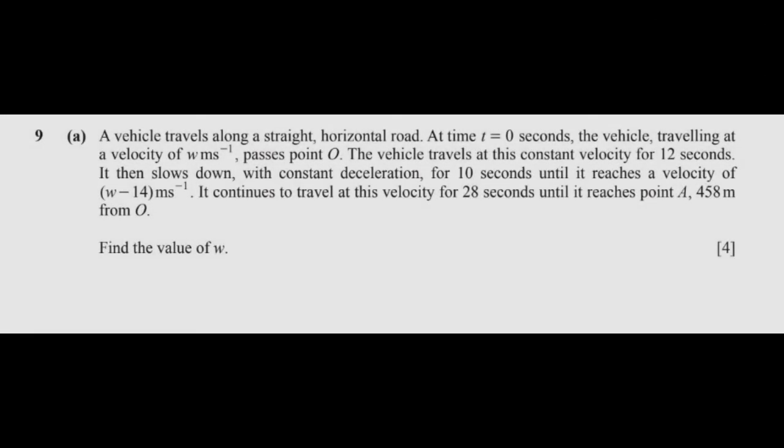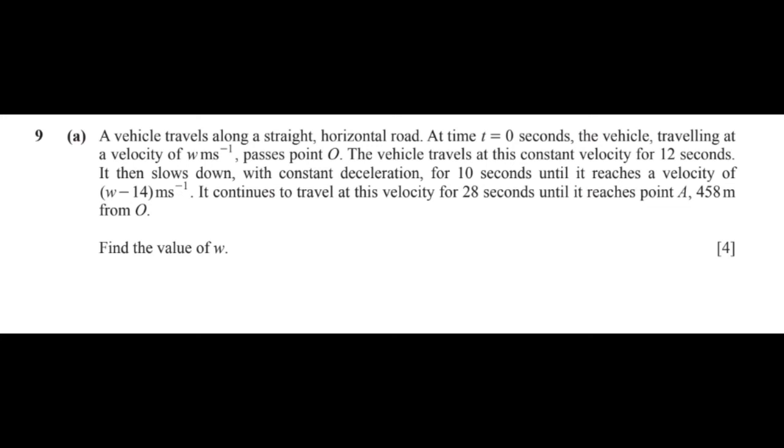Okay, number 9, part A. This is basically just a travel graph, and you need to get the idea of drawing that. That's going to be critical to answering the question, I think. So we've got speed on the y-axis and time on the x-axis, and I'll draw it in a minute.